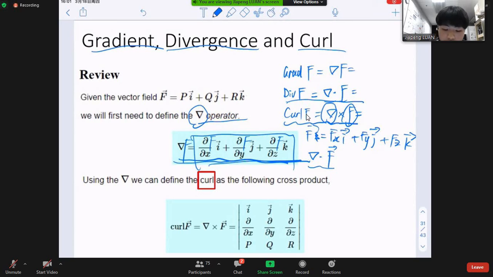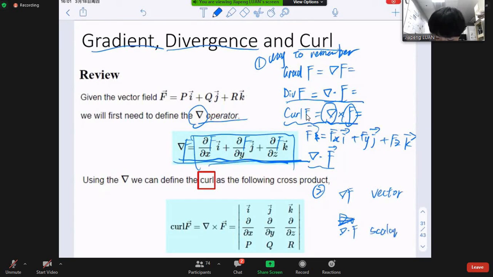So the first thing is the way to remember. And the second thing is that you need to know the gradient of a function is a vector, the divergence of a function is a scalar, and the curl of a function is a vector. These are the things you need to know.